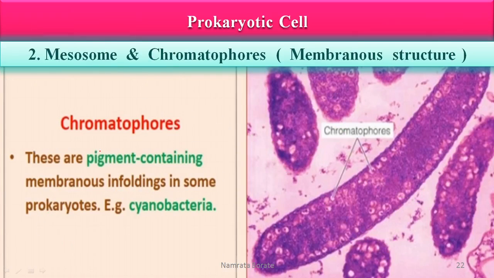The next organelle present is the chromatophores. These chromatophores are present in the photosynthetic bacteria and the cyanobacteria.